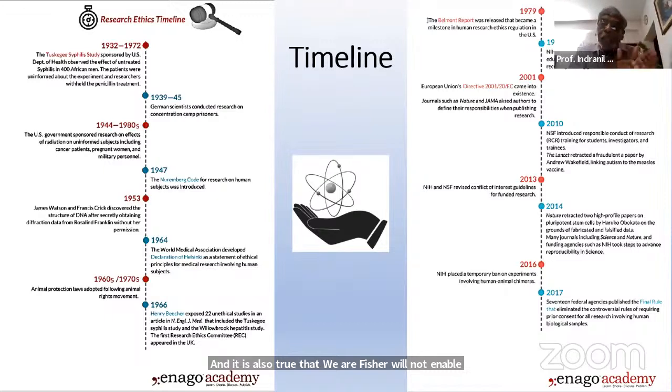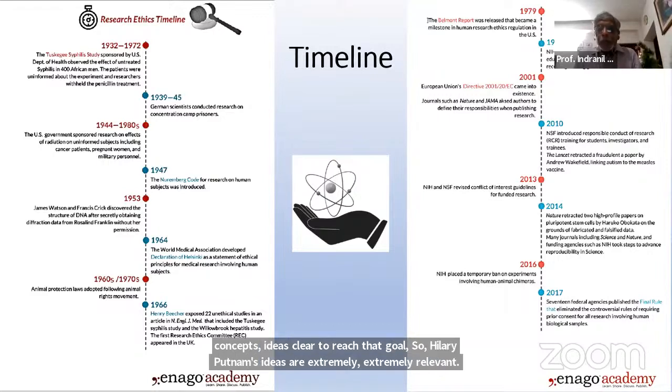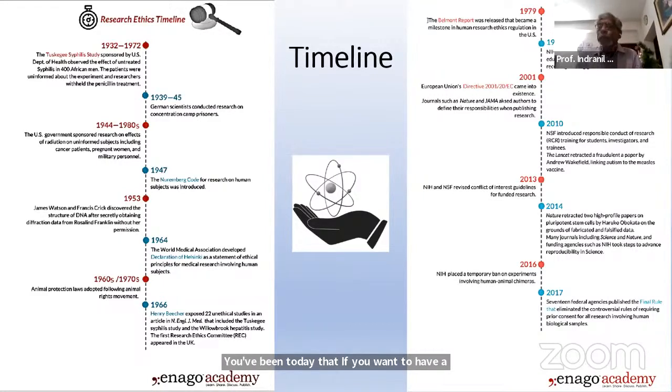One is at the logical level, where you have a vision of what to do, and the other at the more physical level, where you need to have a set of activities, arguments, concepts, ideas clear to reach that goal, reach that milestone. So Hilary Putnam's ideas are extremely relevant even today: if you want to have a proper philosophy of thought, proper checking on what you are doing, you must have both vision and argument embedded in your system.